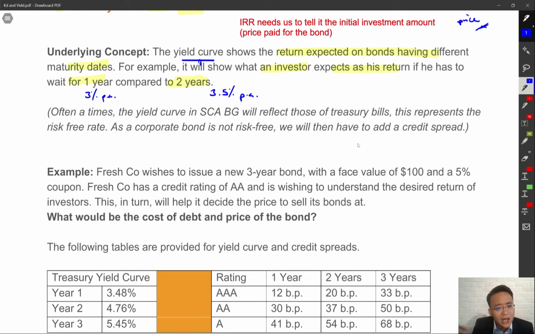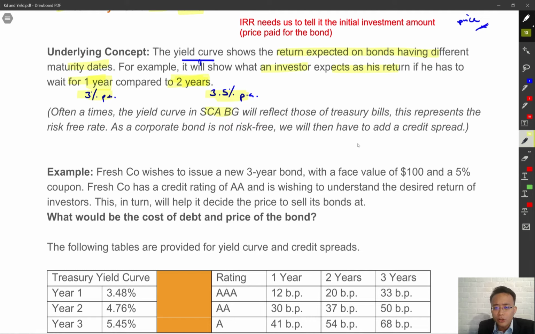So I want a higher return to compensate for that. Okay? So a yield curve basically shows a certain return for a certain time period, a certain return for a certain time period.